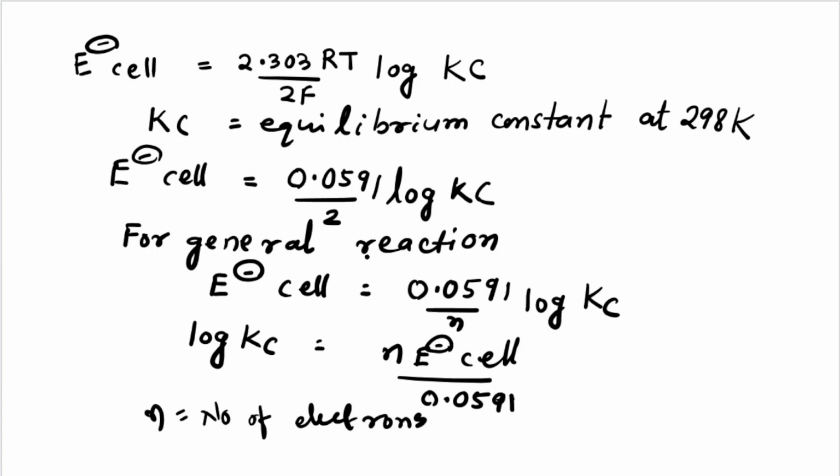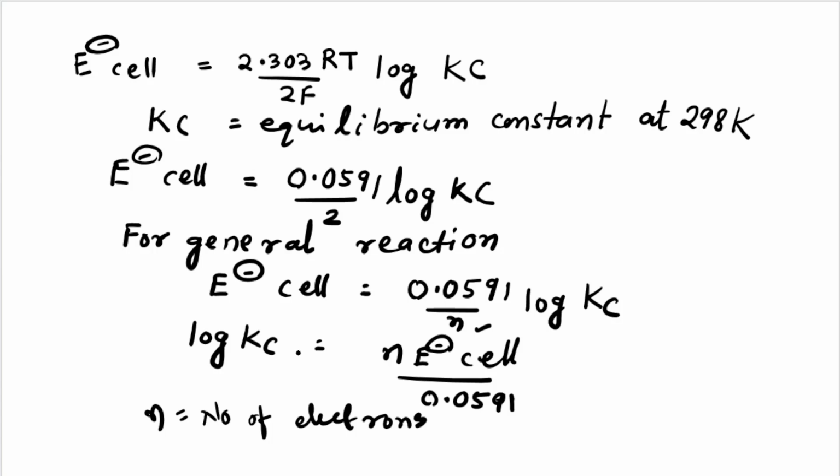For a general reaction, E0 cell equals 0.0591 divided by n log Kc. See here, instead of 2, you put n. It is the general formula. So log Kc also you can calculate.